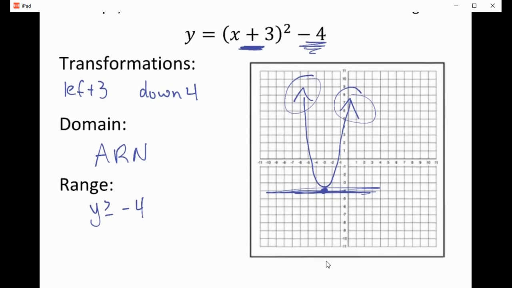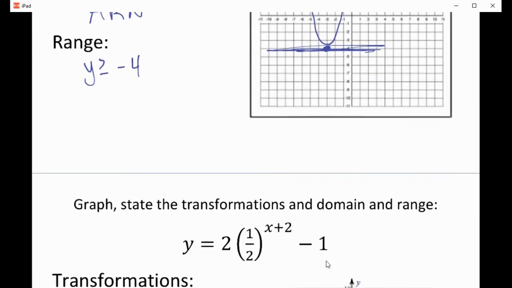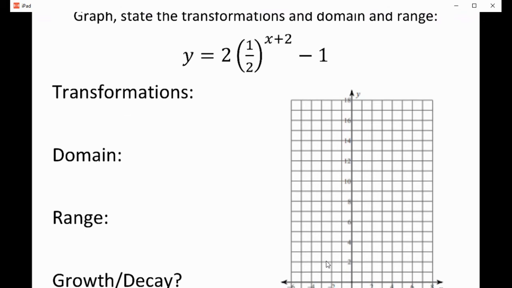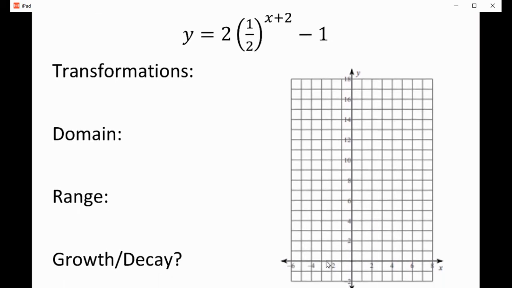So all of that is going to be really similar to what we do with exponential functions. The transformations are still just going to be based off of these two numbers.